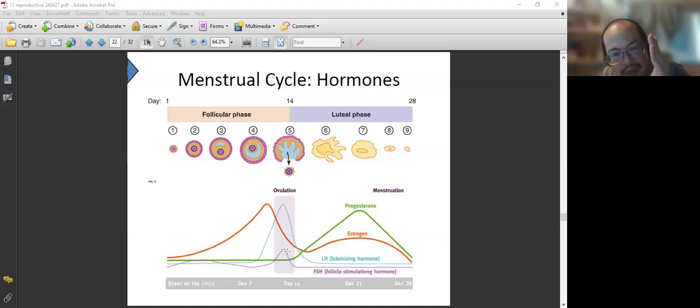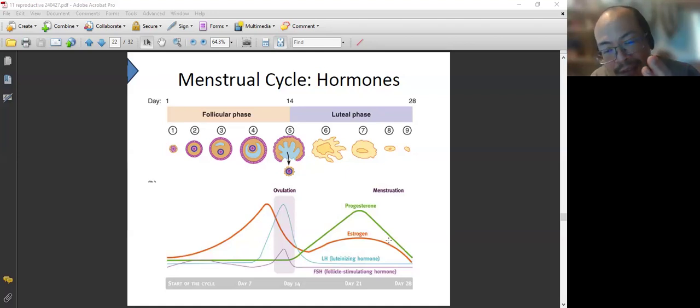Then ovulation, and then you have the corpus luteum, which produces both progesterone and estrogen. It's important to know when you find progesterone in the blood. That is after ovulation. So it's a good indicator that the body is ready for fertilization, because it's after ovulation and the blood has progesterone.